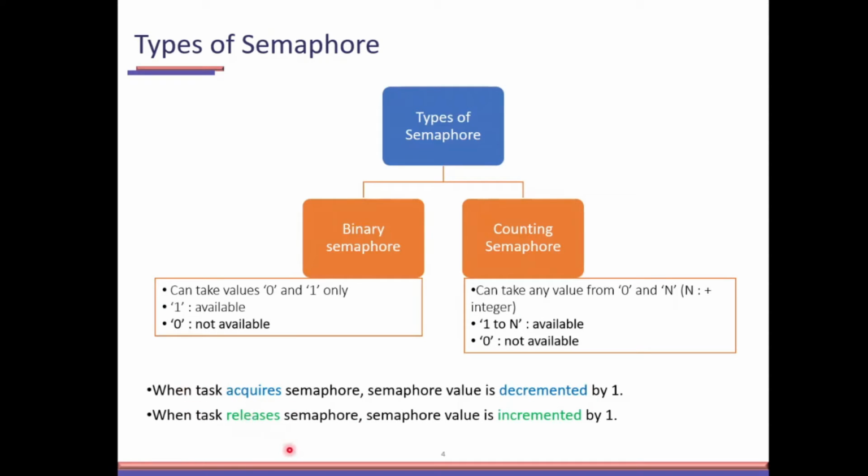When the semaphore is released by any task, its value is incremented by 1, and it is made available for other tasks to use. This is an important thing: when the semaphore is acquired, the value is decremented by 1 so it becomes 0, and when it is released, it is incremented by 1.